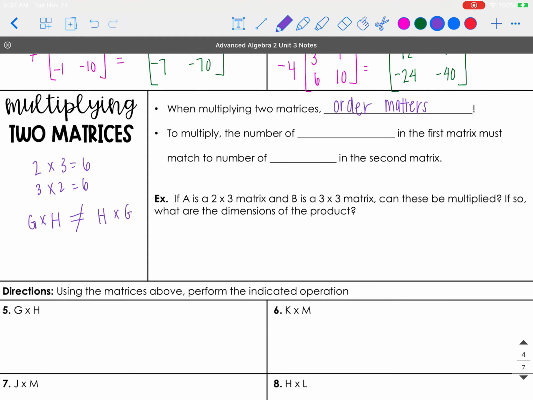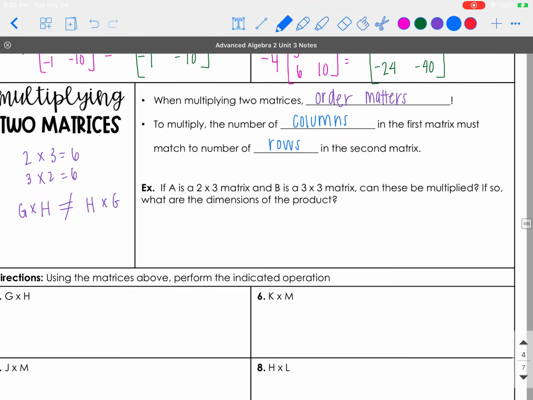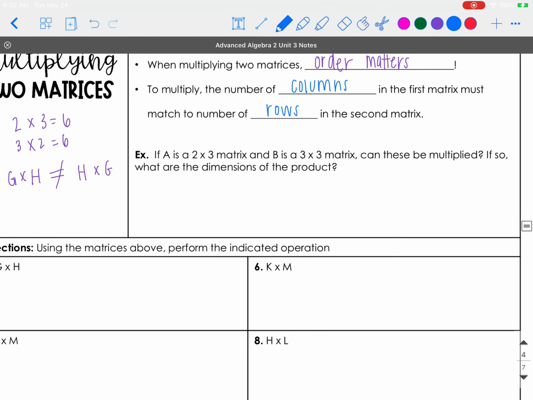And another big thing is how you determine if you can multiply them, because you can't always multiply. The number of columns in the first matrix must match the number of rows in the second matrix. That seems really confusing, but I will show you how to determine that, pretty simple. So we have a matrix A and matrix B. Matrix A is a 2 by 3 matrix, and matrix B is a 3 by 3.